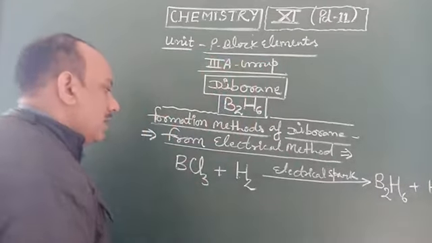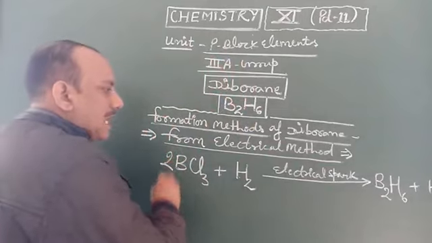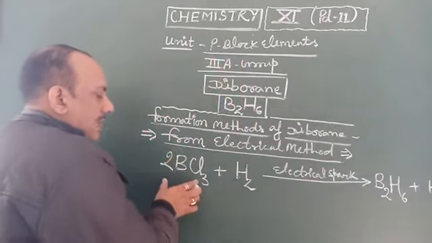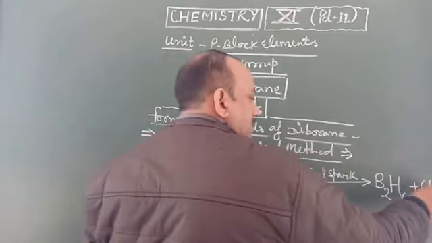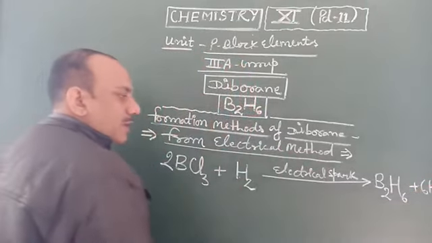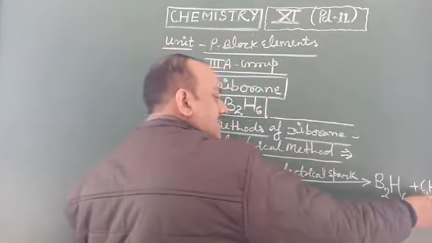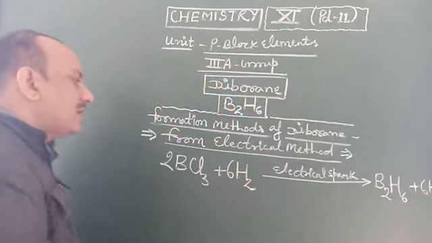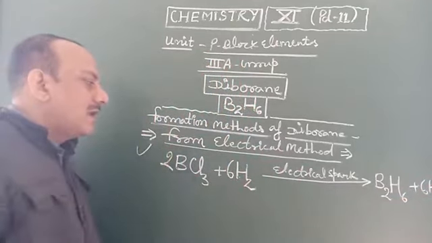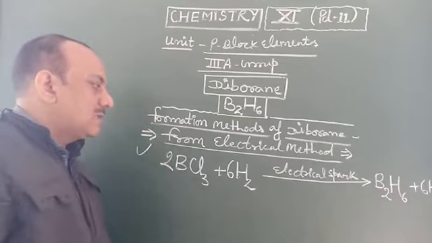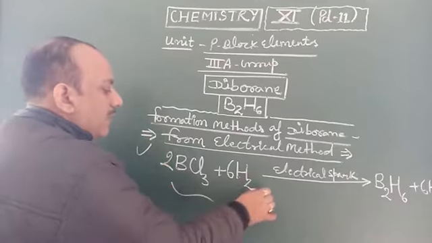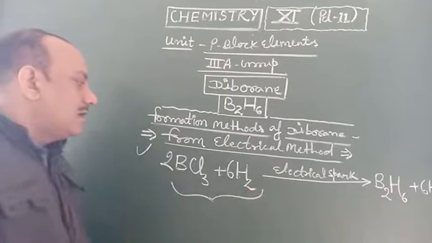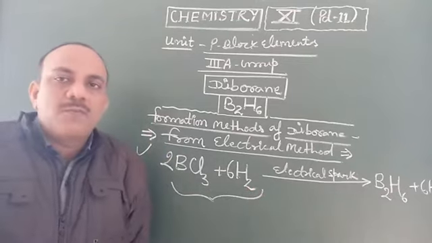So here 2 boron atoms are available and 6 chlorine atoms are available, and the total number of hydrogen atoms is 6 and 6, 12. So here we use 6 HCl. This method is known as the electric spark method. Also here boron trichloride reacts with hydrogen to form diborane.